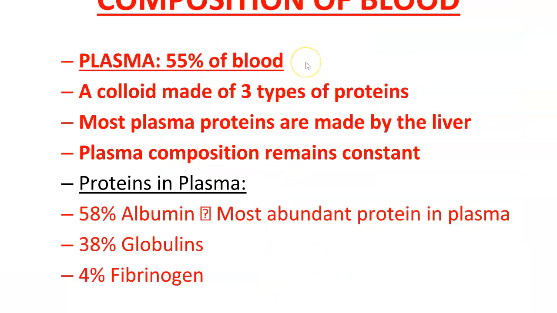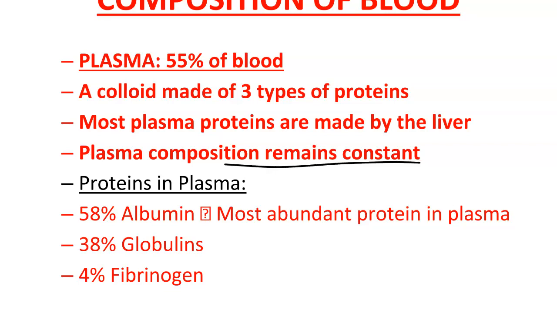So again, plasma constitutes 55% of blood. Plasma is a colloid made of 3 types of proteins. Most plasma proteins are made by the liver. That's something important to remember. And because, again, blood is a homeostatic fluid, the composition of plasma remains constant.